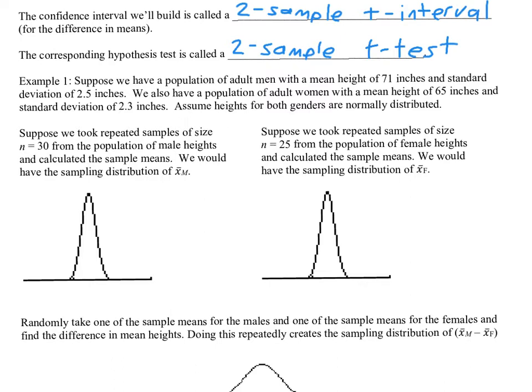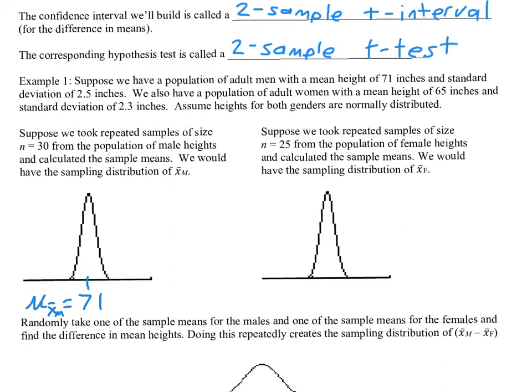So this sampling distribution will be centered at the true mu, which is 71. And that represents the average of all of the X bars for men.